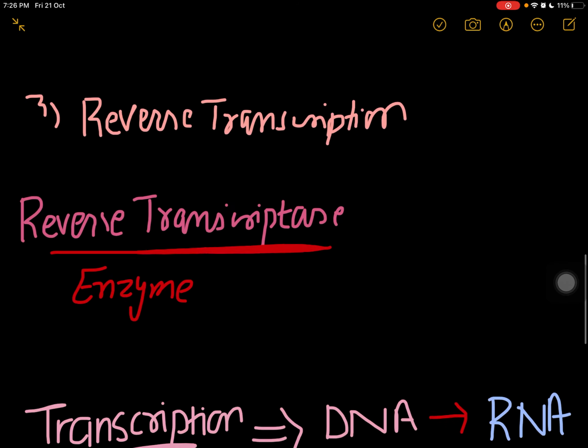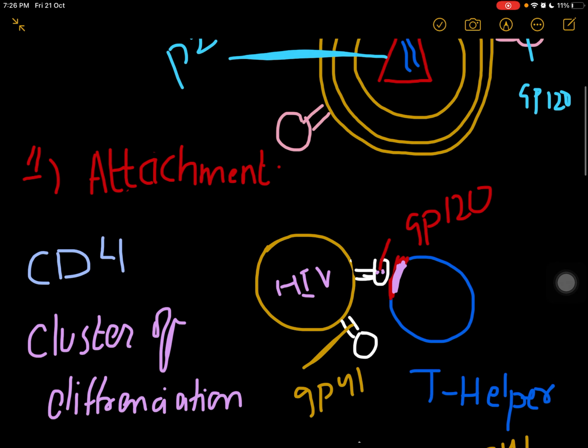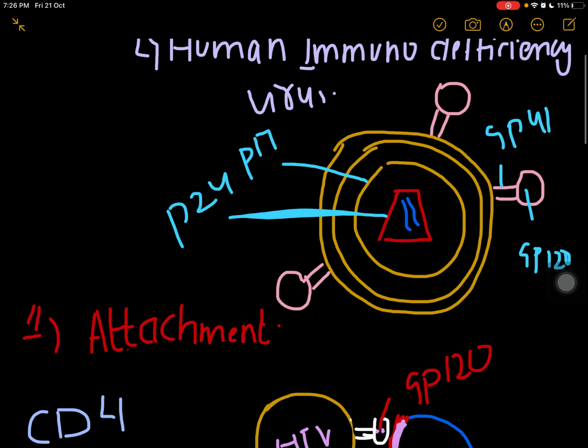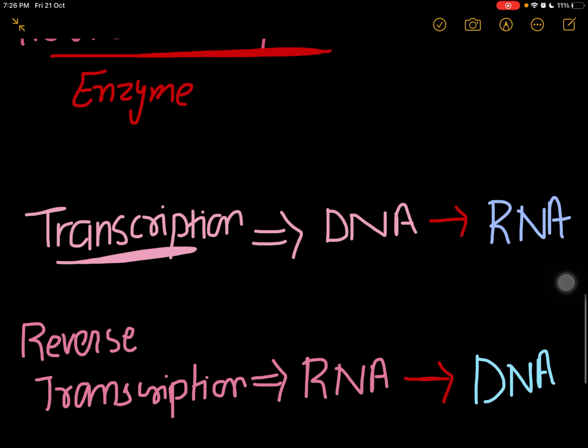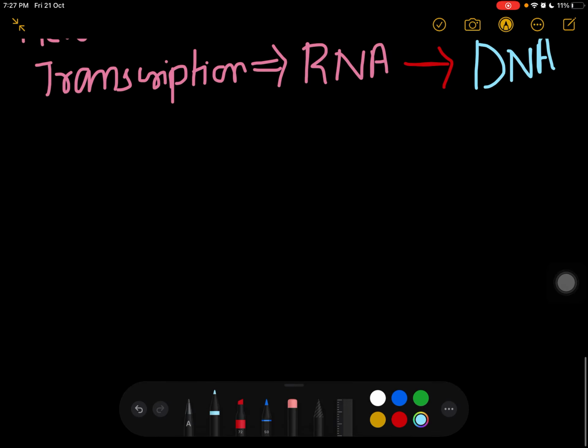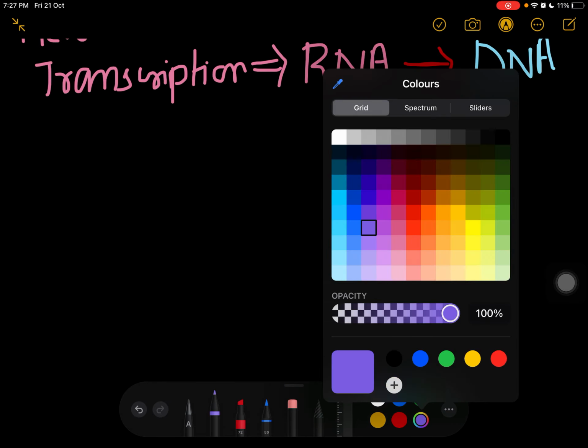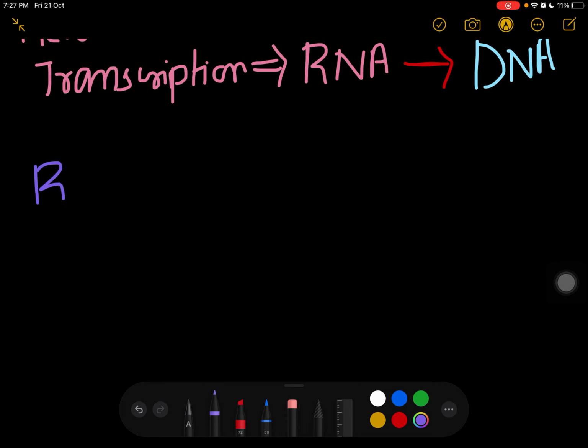So as you can see, what is the genome of HIV? The genome of HIV is double-stranded RNA, right? There are 2 strands of RNA over here, right? So here this RNA will be converted into cDNA. Now what is cDNA?